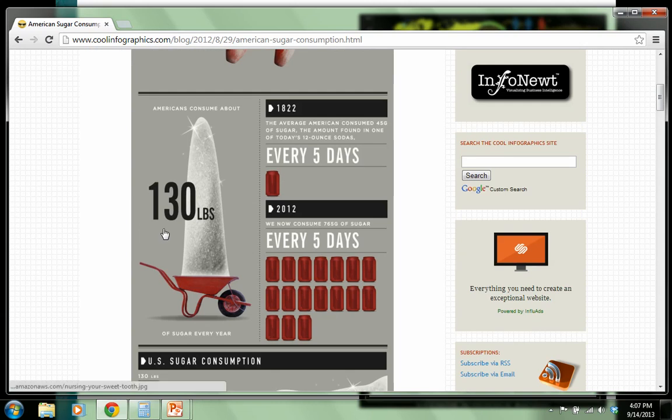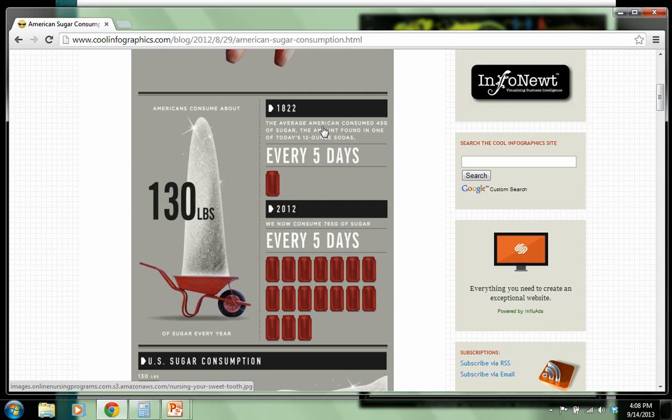This is looking at how much sugar people are taking in. You can see that it's the visuals, the graphics, that are telling the story of the data. Here's an estimate of what it would look like with 130 pounds of sugar. Americans consume about that much every year. Here we're using Coke cans, little symbols, to represent the amount of sugar people consume.